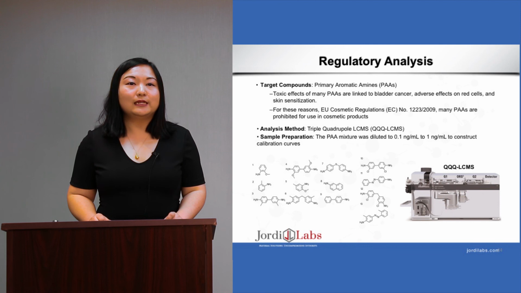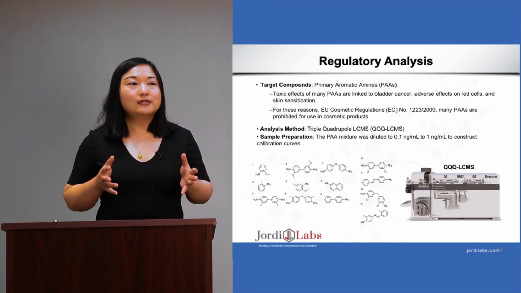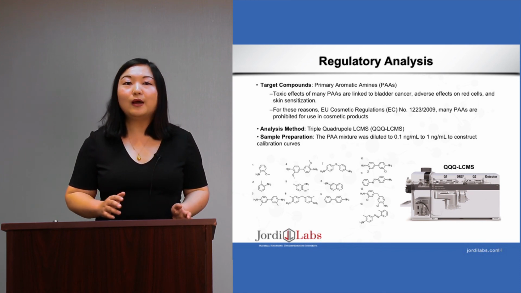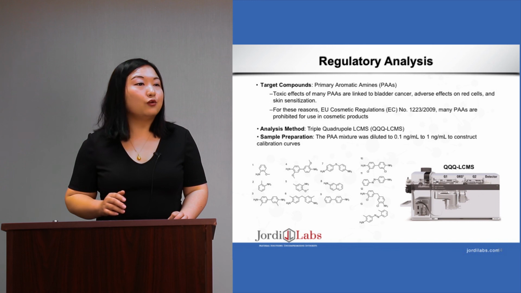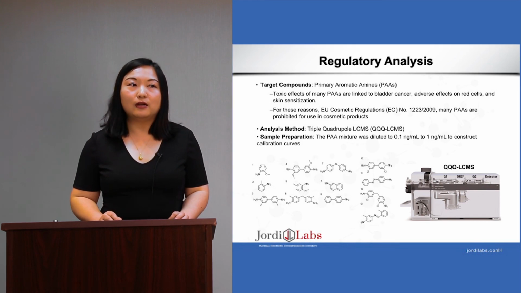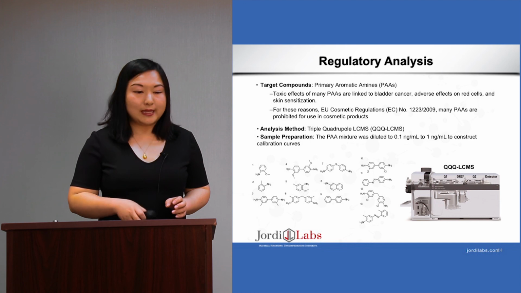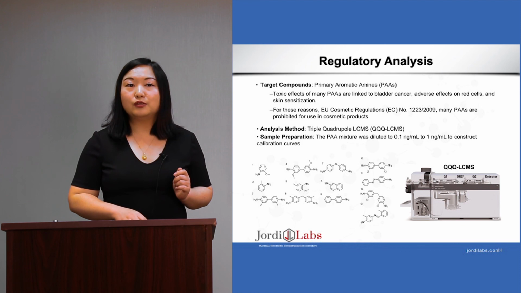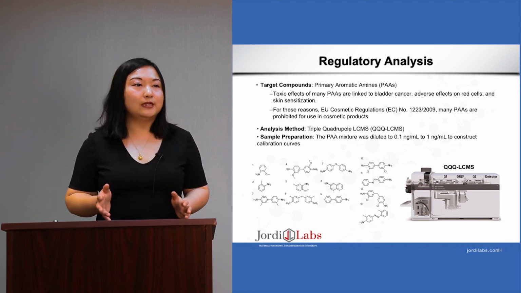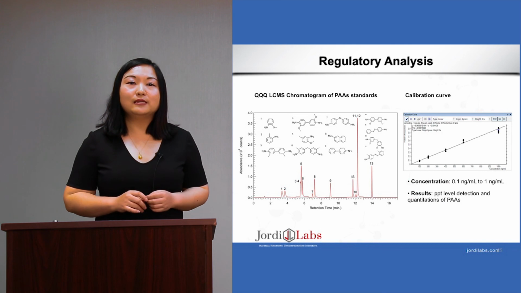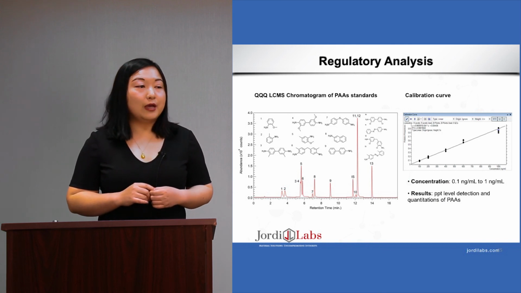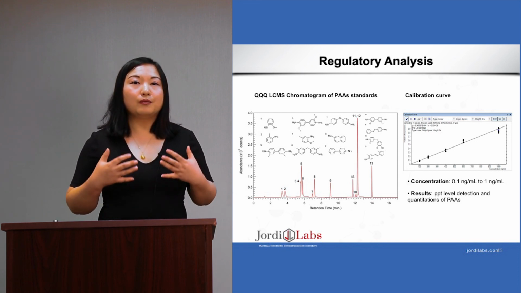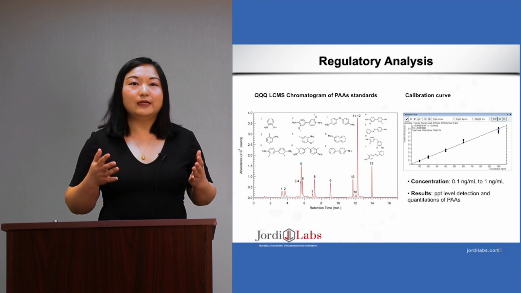What we did is that we prepared standards containing these PAAs at a level from 0.1 nanogram per ml to 1 nanogram per ml, and we generated standard curves. First, we want to see if we can detect these compounds at low level, and second, we want to see if we can generate a good standard curve. And as you can see here, we are able to detect all of these compounds and obtain a chromatogram in a relatively short period.